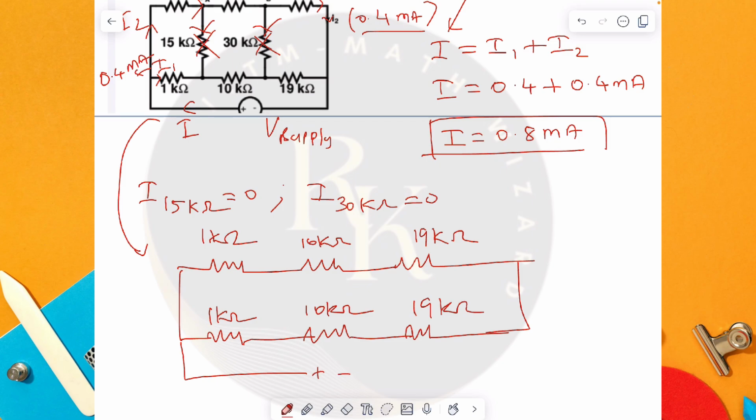Plus and minus together. If you look at this logically, these are resistors at the top and resistors at the bottom. Which connection are they following, series or parallel? They are following series connection. Hence I am going to solve this in series. If you add 1 kilo ohm, 10 kilo ohm, 19 kilo ohm, what will be the value? 1 plus 10 is 11, 11 plus 19 is 30 kilo ohm, and the same applies for the bottom resistors also.